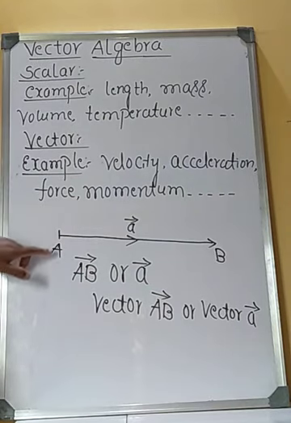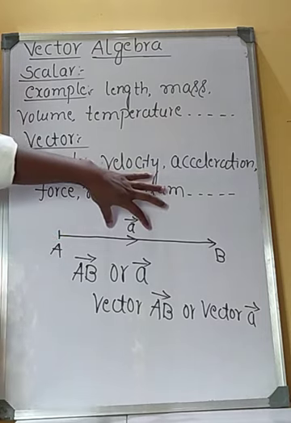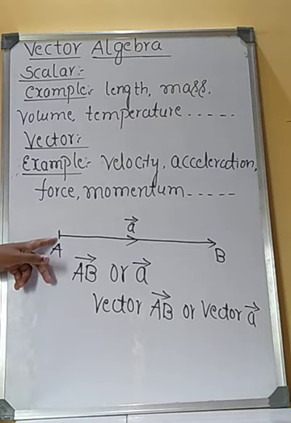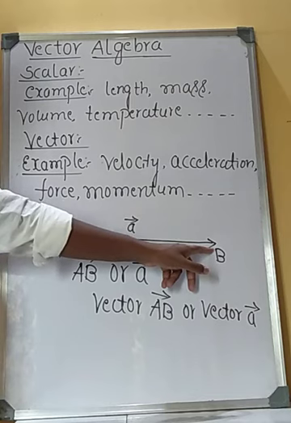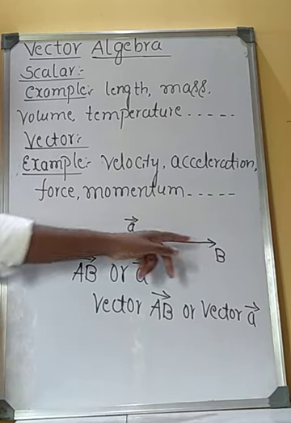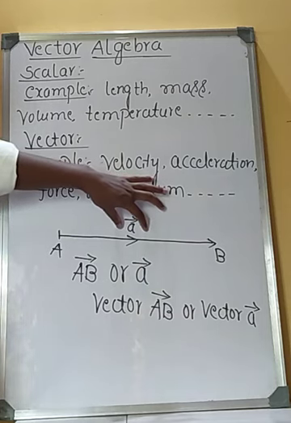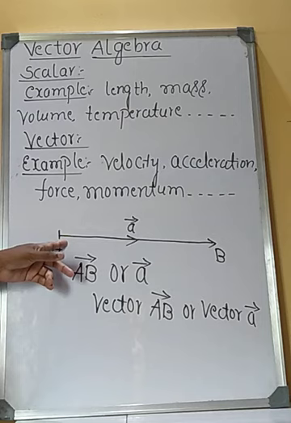The point A in this line segment, from where the vector AB starts, is called its initial point, and the point B where it ends is called the terminal point of this directed line segment, vector AB.